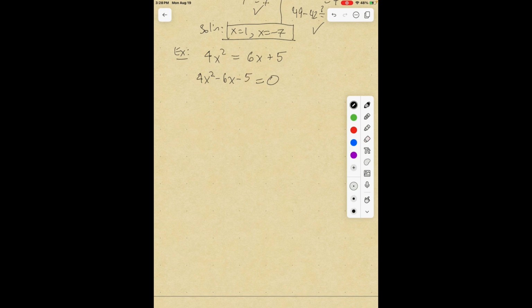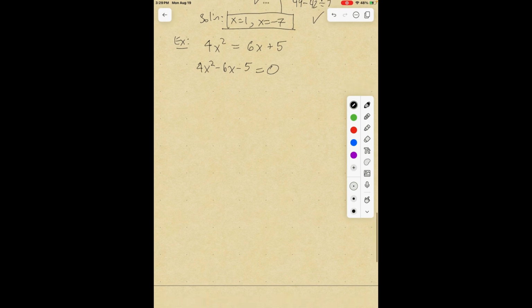I want to complete the square, but it's better to do it differently than what we did before. Before we didn't have a constant in front of the x squared, now we do.